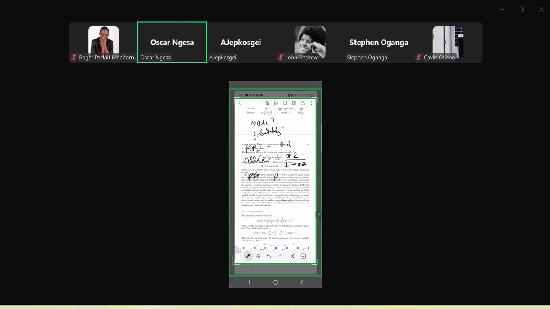So if the probability is denoted by P, what are the odds? The odds will be equal to P over 1 minus P. Is that okay? Yes. Now, if I have it this way, how do you read this term? It is the log of the odds.